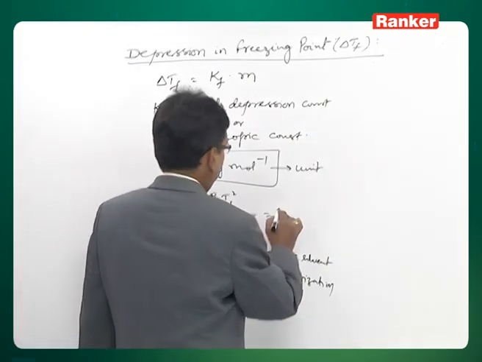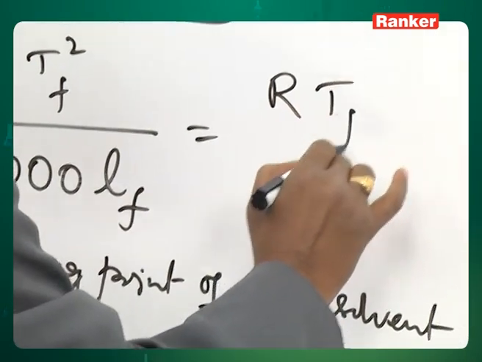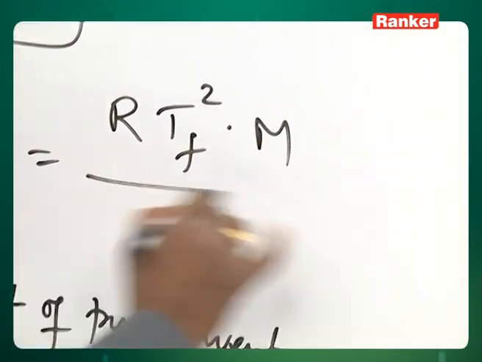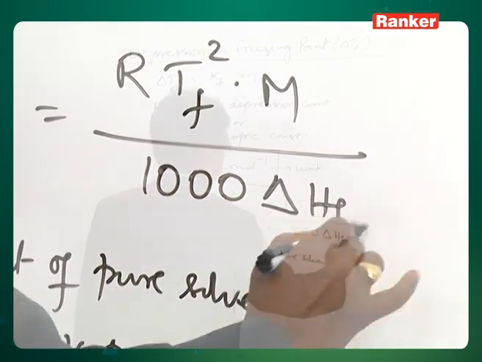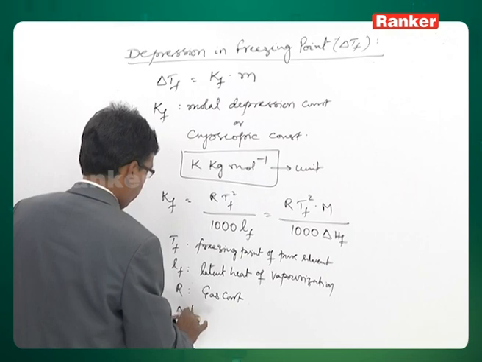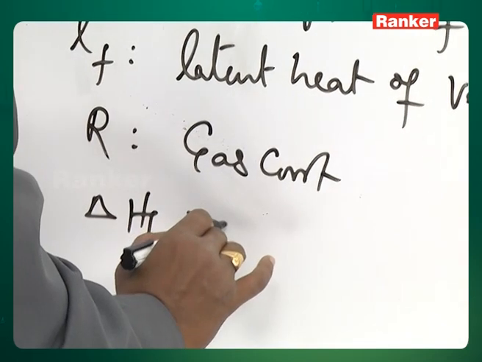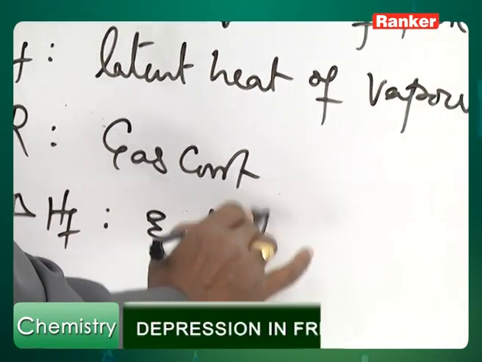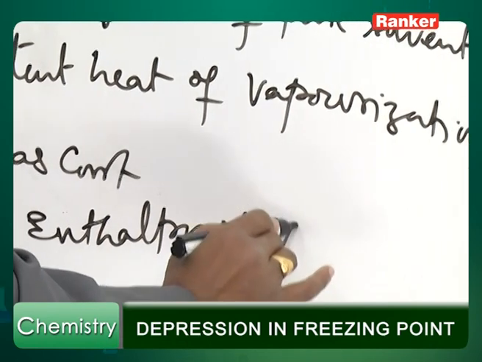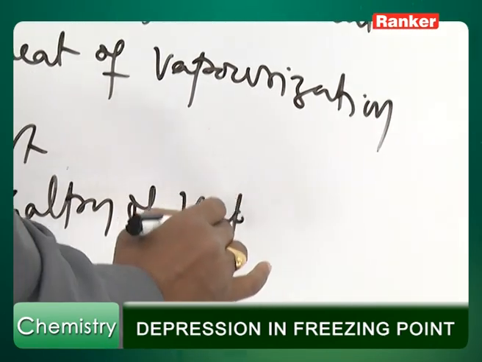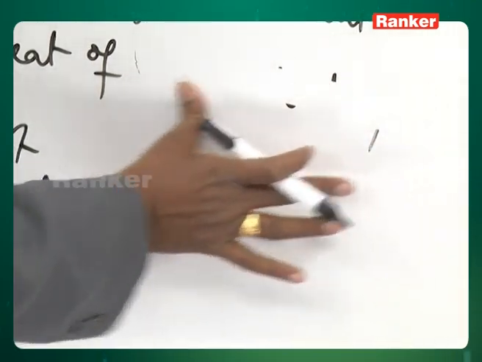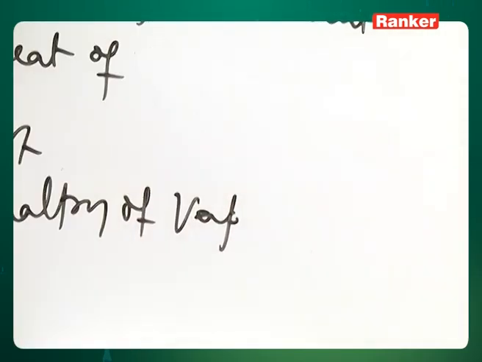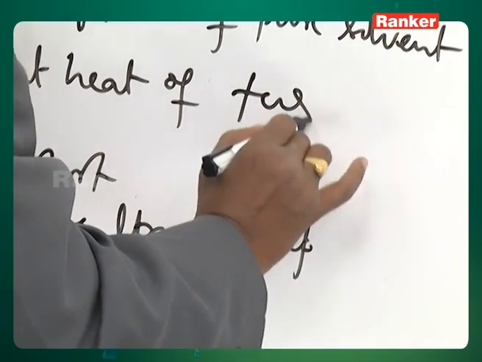And this in turn is again R TF square into m by 1000 delta HF, where delta HF is the enthalpy of fusion. It is not vaporization; vaporization is in the case of boiling, this is latent heat of fusion.